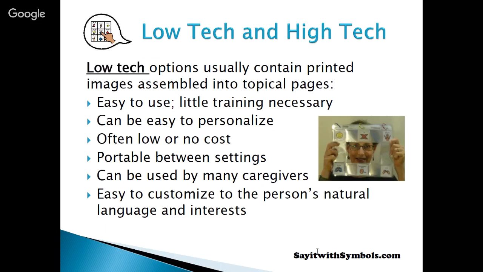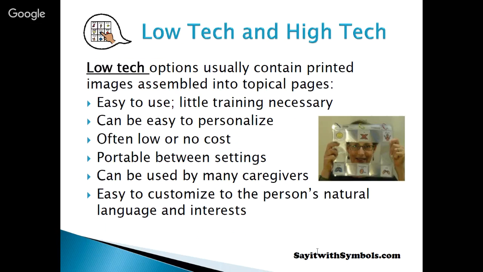People make them themselves, or I will tell you about some resources where you can download individual copies to use with your patients or loved one. Low tech is portable. It can be easily transported between settings.